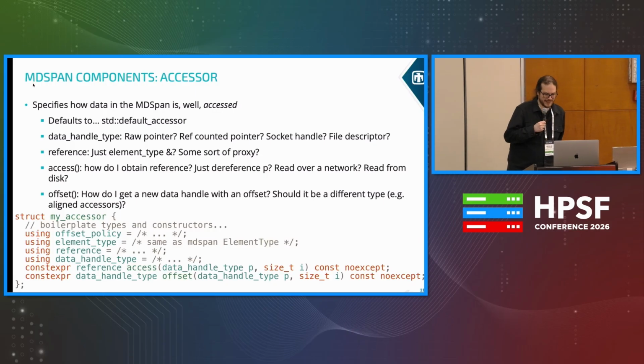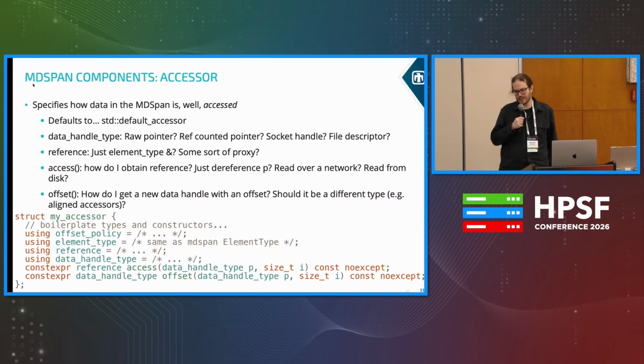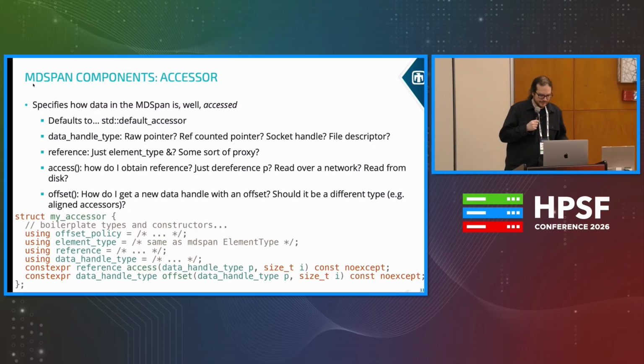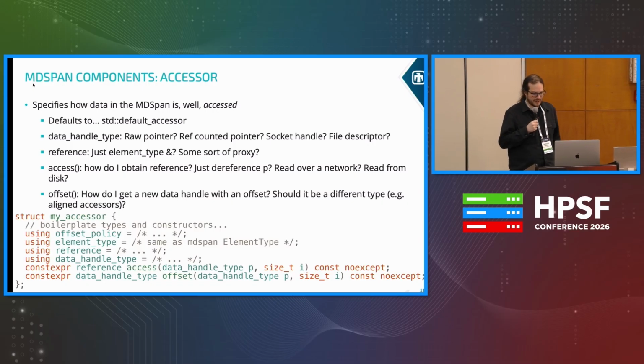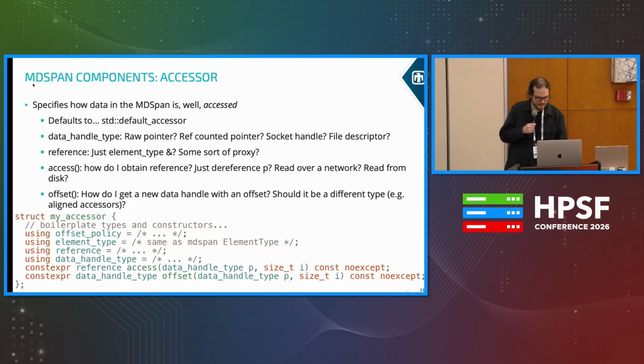This is something that can really bring out some of the power here, because if you have something like a file descriptor, you can change your access function so that whenever you're accessing an element, instead of accessing a bit of memory, it's actually going to be reading from disk and maybe even caching those results. So with custom accessors, you can really express a lot of different usage scenarios here.